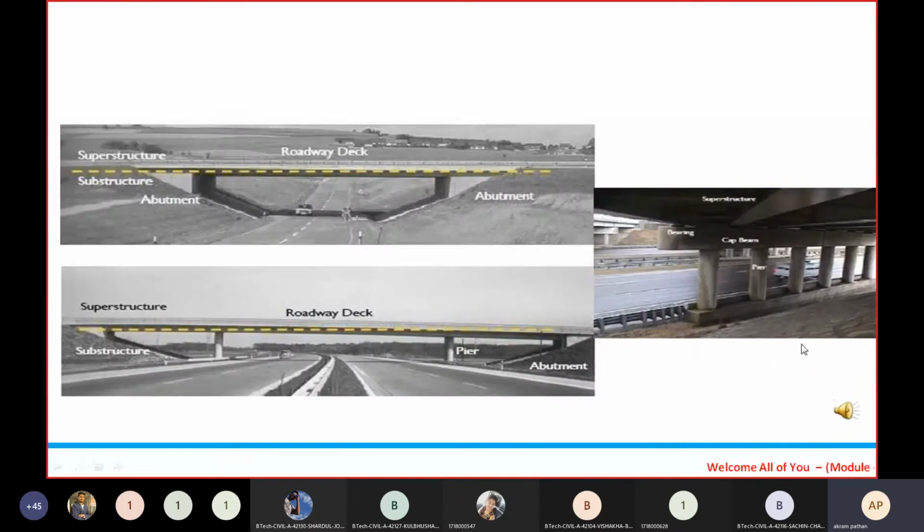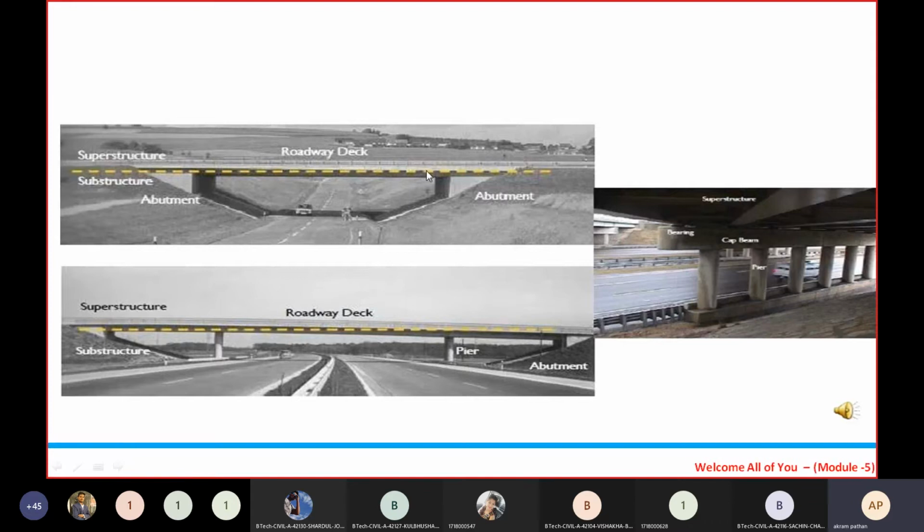Then if you see in this slide, we have the superstructure and we have the substructures of the bridges. Then we have the abutment. The abutment is constructed at the end of both sides of the bridge. So the abutment is a wall over which the end of the bridge rests, and it also avoids the erosion of the sides.